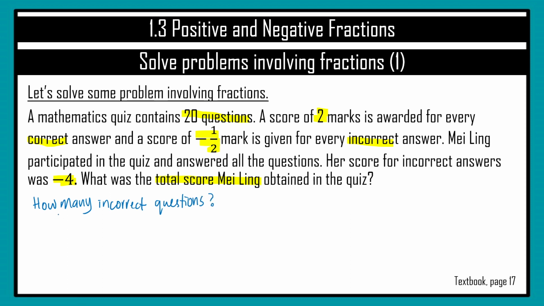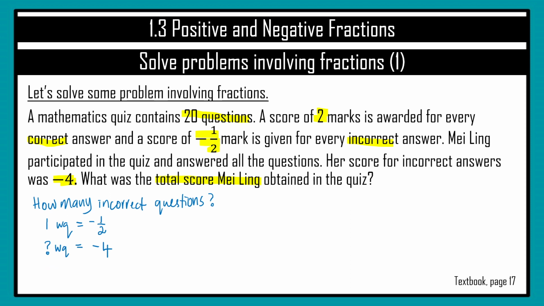Okay, I know that one wrong question, the score is negative 1/2. So actually, how many wrong question equals to negative 4? You can think like this.